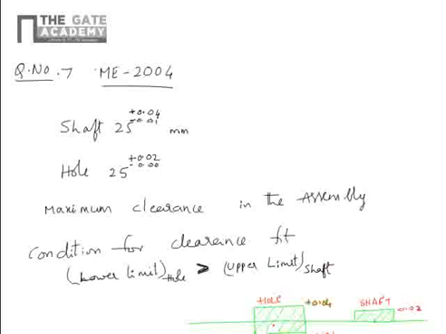So maximum clearance is the difference between, small correction, here it is shaft, instead of hole we need to write shaft. This is shaft, this one is hole.